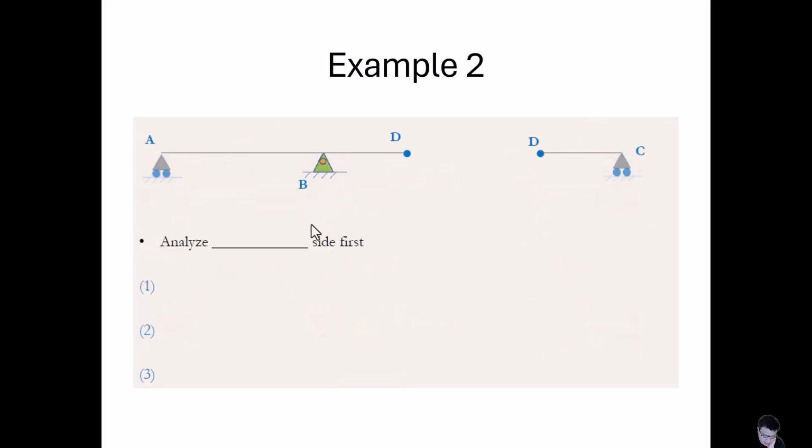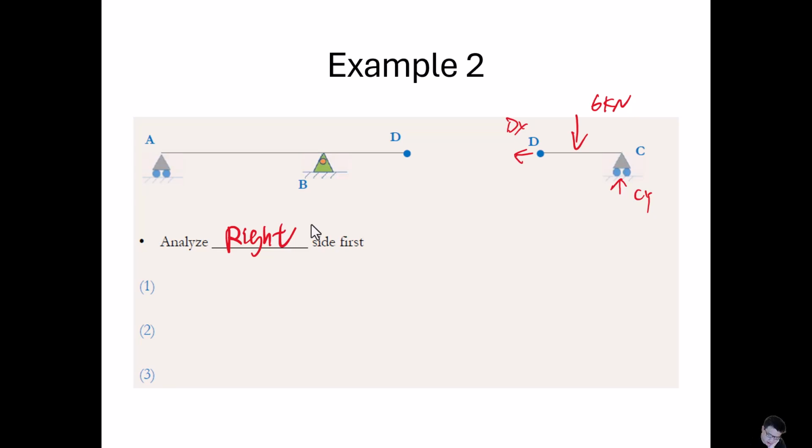So, as we discussed, let's analyze the right side first. Cy, 6 kilonewton, dx, dy, 1.5 meter.